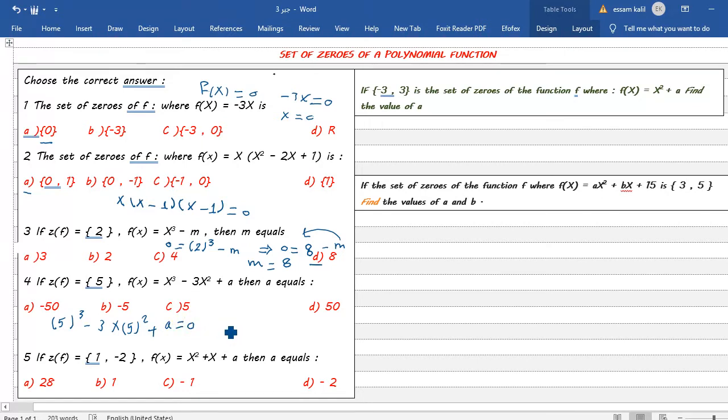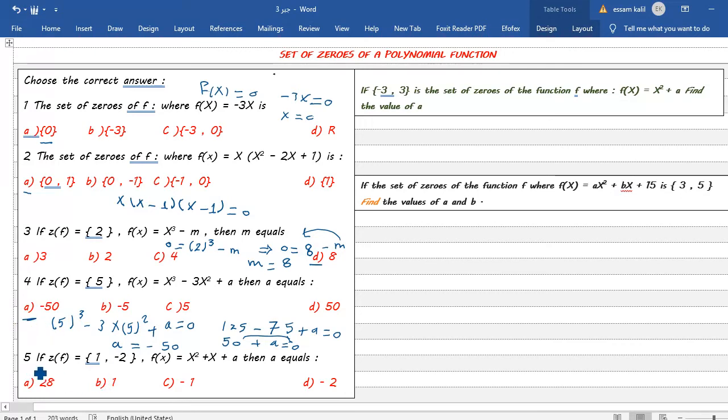Make the simplest form: 125 minus 3 times 25, which becomes 75, plus a equals 0. 125 minus 75 becomes 50, plus a equals 0. Move the 50 to another side, then a equals negative 50. Right answer equals negative 50.